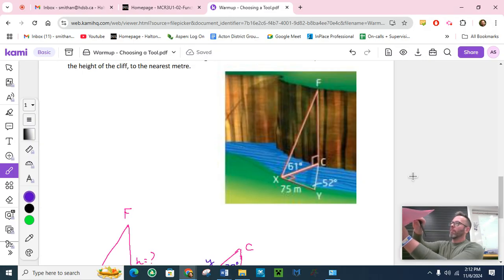No, because it's a 2D piece of paper in a 3D environment, but they're right angles, right? Any degrees? 61 plus 90 would have to equal 180. Why?